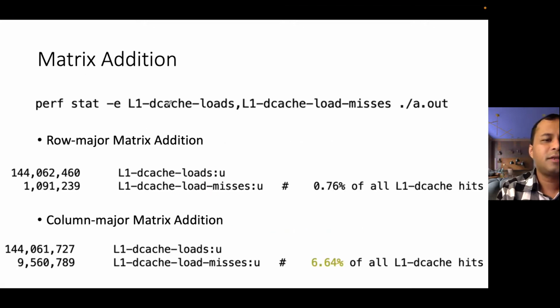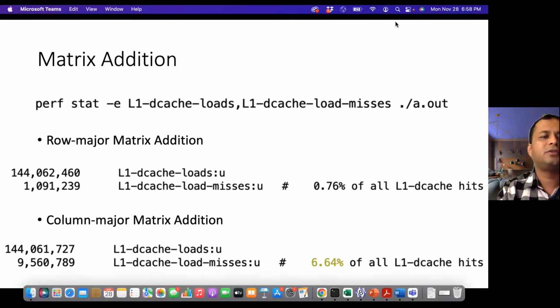The next thing that I want to highlight is a tool that you have to use. perf is the tool that you have to use. Remember, in I believe it was the first or second lab, you used the perf tool, and this is a performance tool, right? perf stat will show you the statistics.